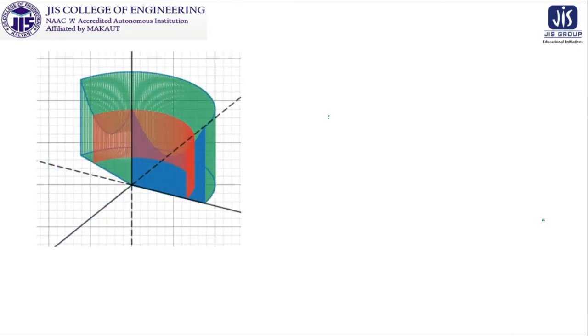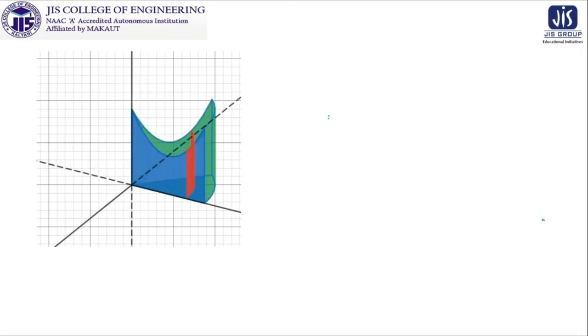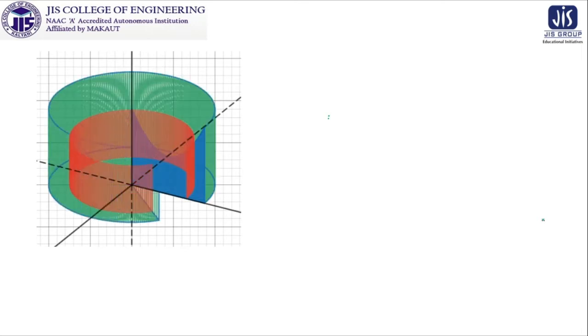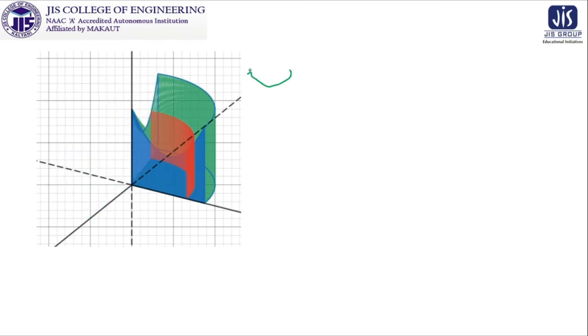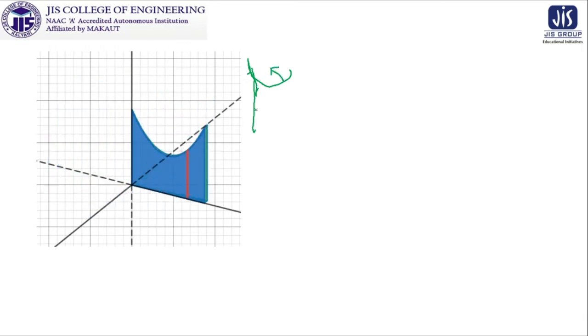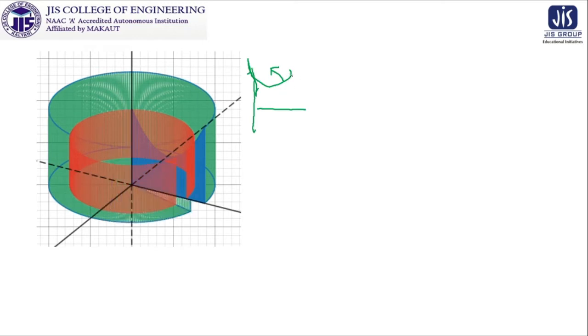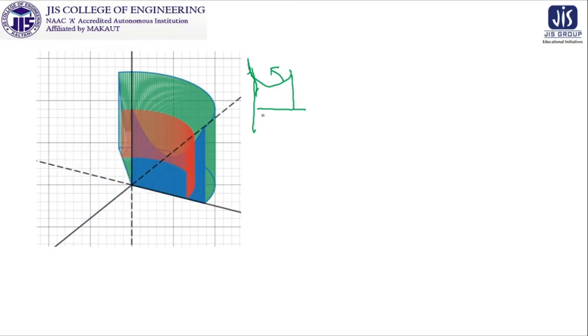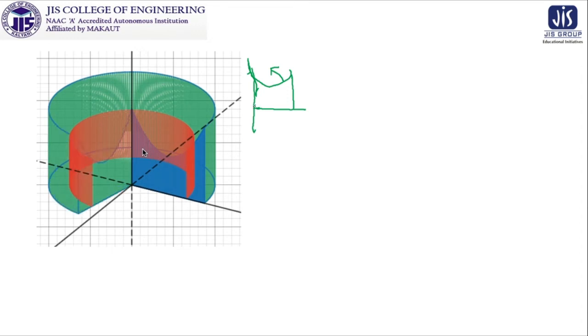First of all, please see that a structure is generated. At this moment it is a curve, and there is one axis, suppose the x-axis, and the line x equal to b, and this is your y-axis.